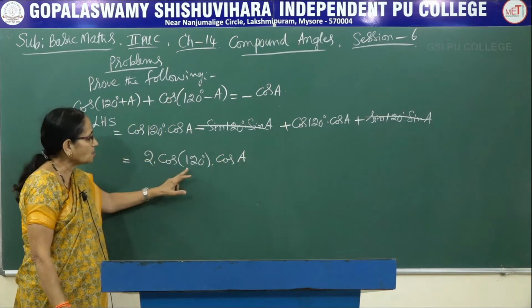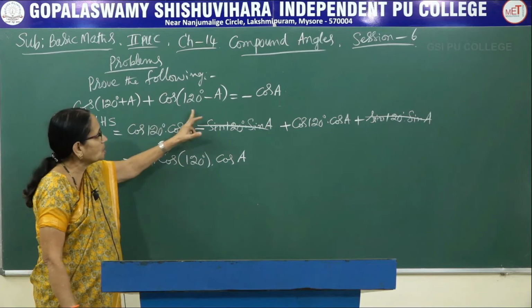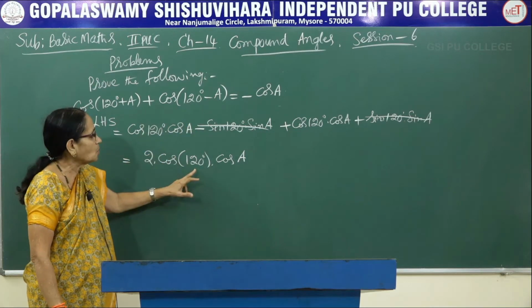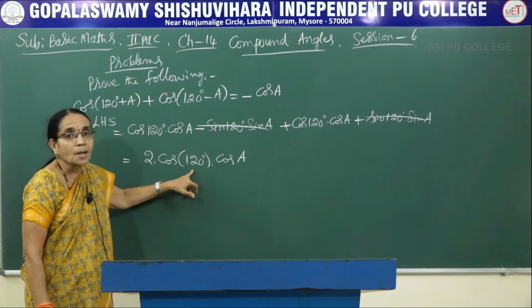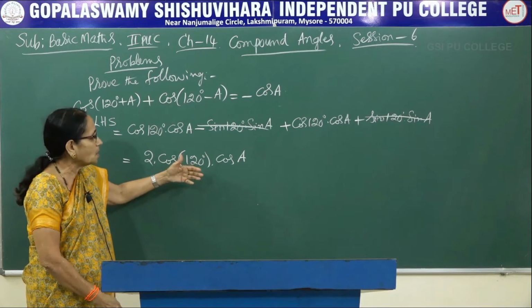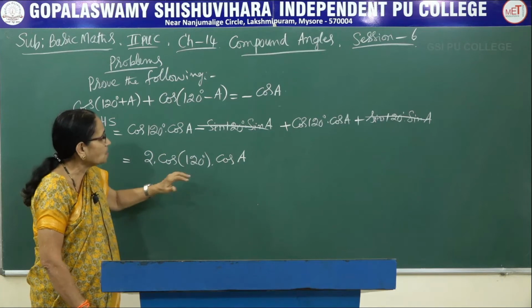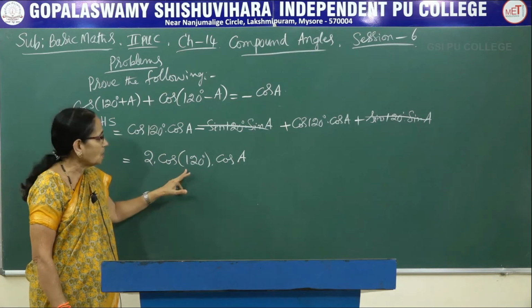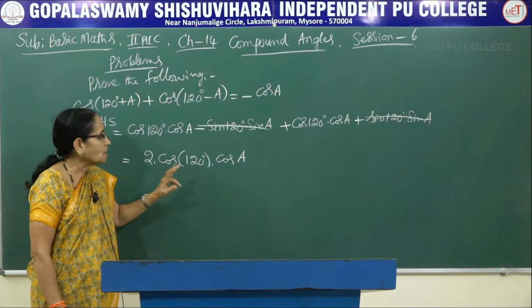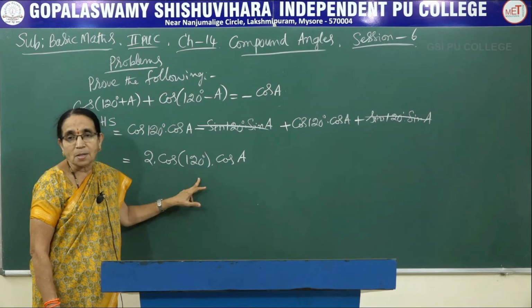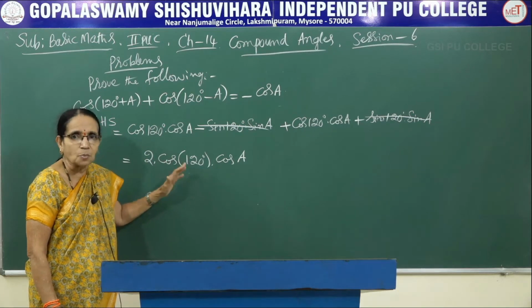Now here I have used the compound angle formula. Now I am going to use the allied angle rule that you have learnt in the earlier sessions. In the first PU itself you have learnt cos of 120. You can write that in two different ways: one is 90 plus 30, the other 180 minus 60, both are correct.